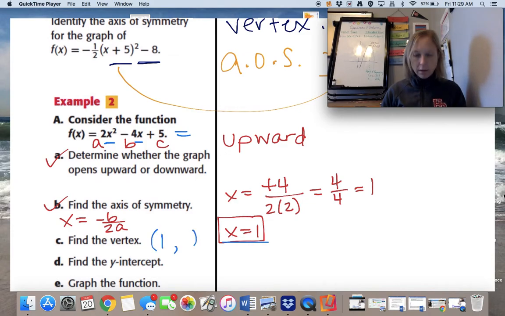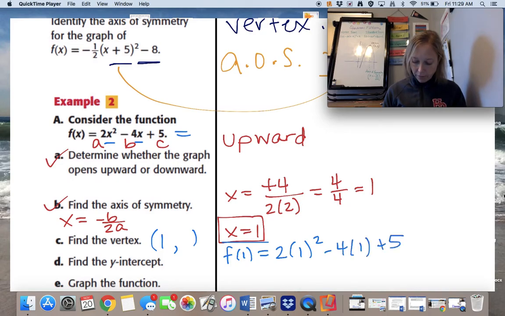So I know that x is going to be 1. Now I'm going to substitute that in. So f of x, or I should say actually f of 1, because I'm putting 1 in x's spot, equals 2 times 1 squared minus 4 times 1 plus 5.